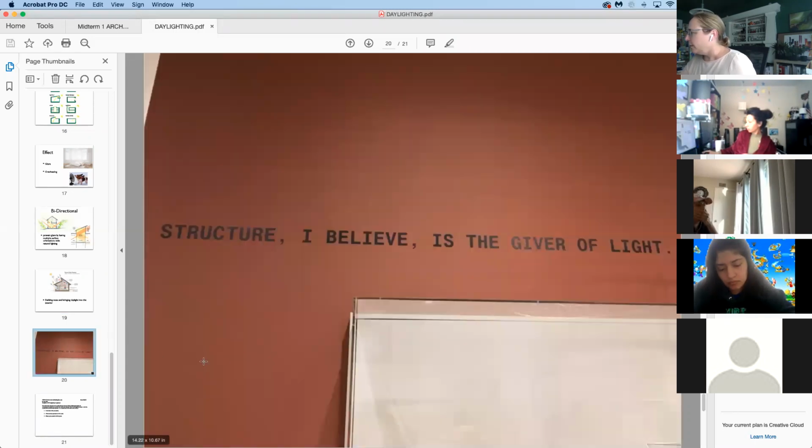I want to leave you with a Louis Kahn quote that I took a picture of at the Museum of Art when there was a big exhibit there a number of years ago.